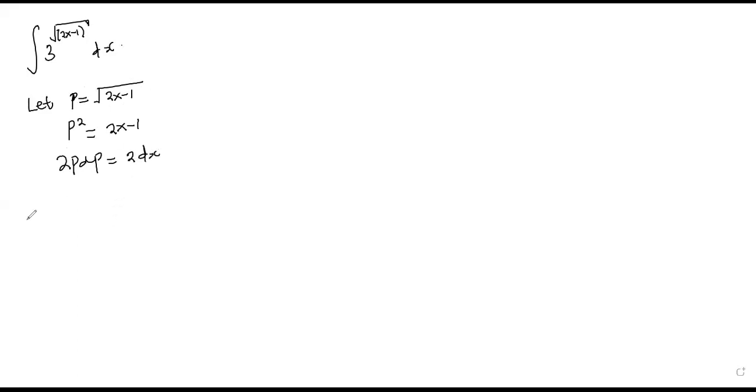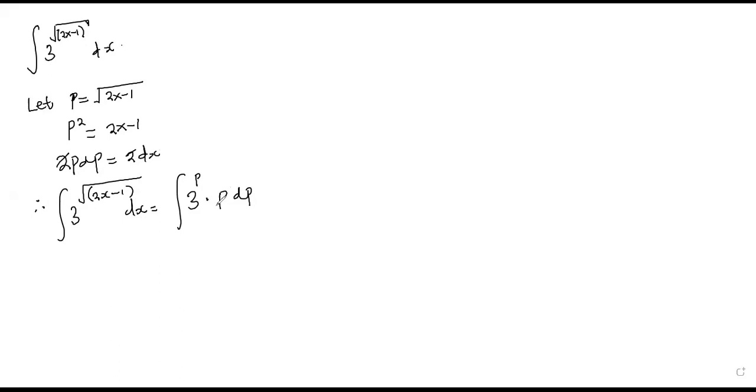Implying that our integral of 3 to the root of 2x minus 1 dx is going to be equal to the integral of 3 to the power p. Of course, this 2 will cancel with this 2. So we have our dx as p dp. So instead of dx, we shall write p dp. This is what we are having.